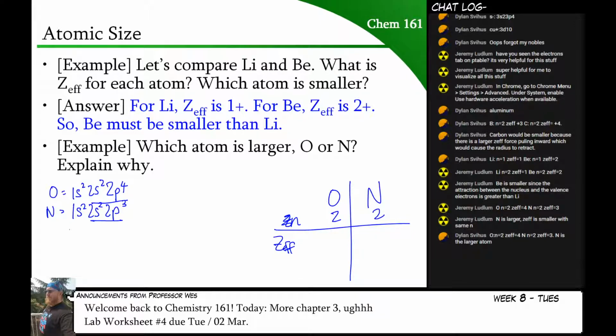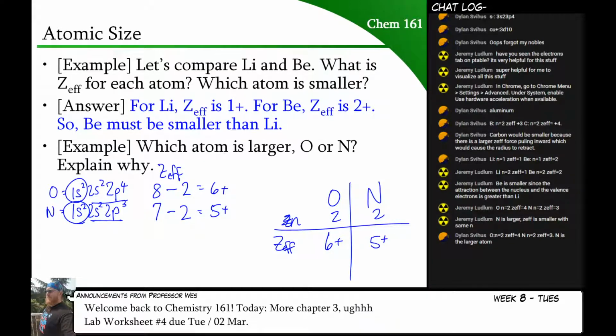And then Z effective, for oxygen, it'd be 6 protons minus... Oh, it's not 6. What am I doing? It's 8. I can't do math. 6 is the Z effective. That's why I wrote that. So it's 8 protons minus the core electrons. And then for Z effective for nitrogen, number of protons minus the core electrons, so it's still 2.